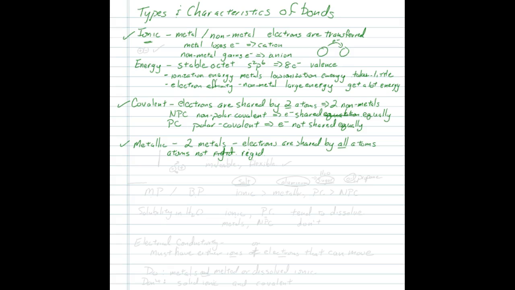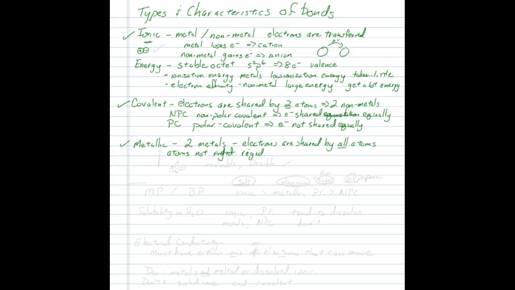Those positive and negative charges are very, very strong, and they tightly hold them together so that the positive and the negative ions are stuck. They can't move anywhere. They're locked into place.